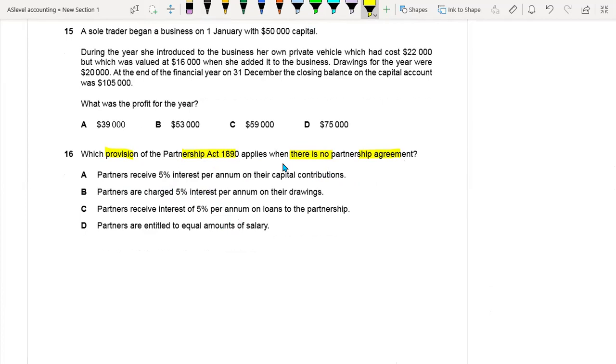So here, if you don't have any partnership agreement, option C is the right option, because partners receive interest of 5% per annum on the loans to the partnership. If there is no interest, maybe you can say it is required by the one partner who has given you the loan. So if there is no partnership agreement, that person will be receiving 5% on the loans.